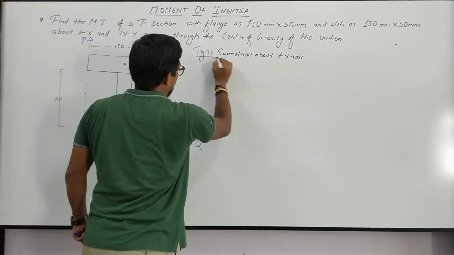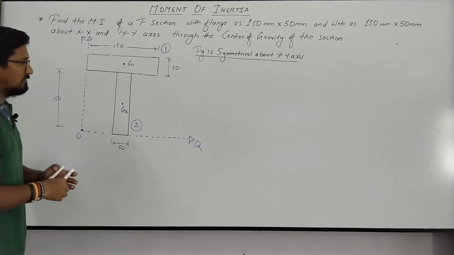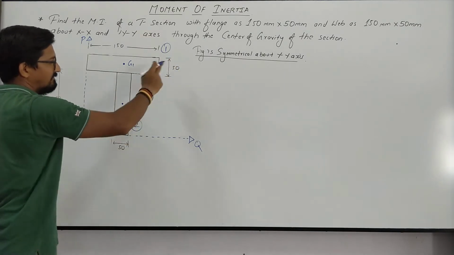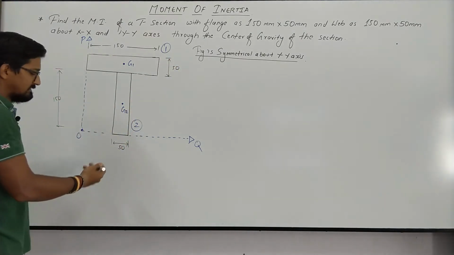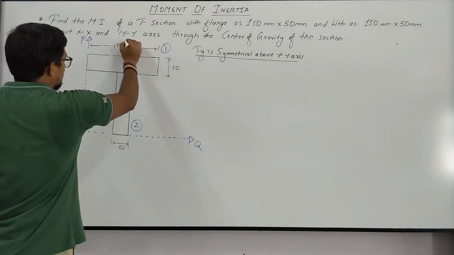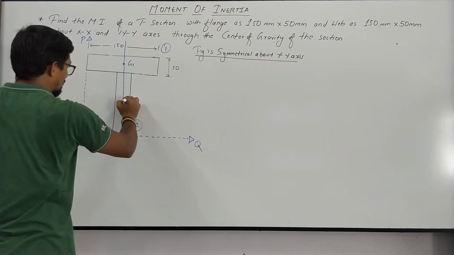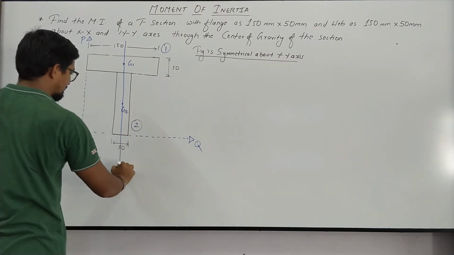We have checked the symmetry of the figure. This indicates that if the figure is symmetrical about the yy axis, then you can directly draw the yy axis from the center.